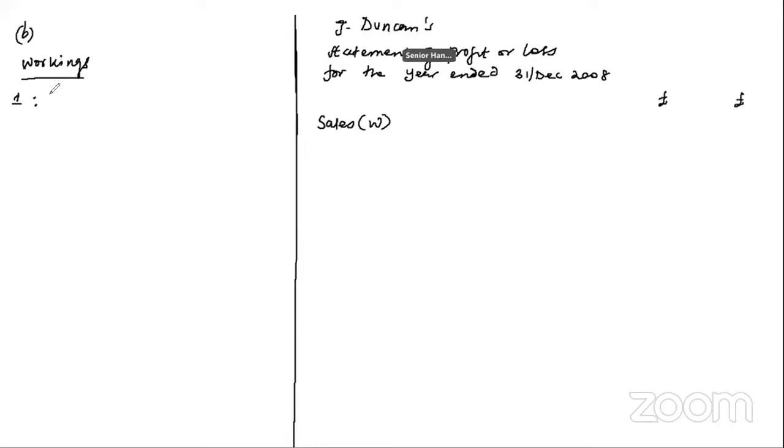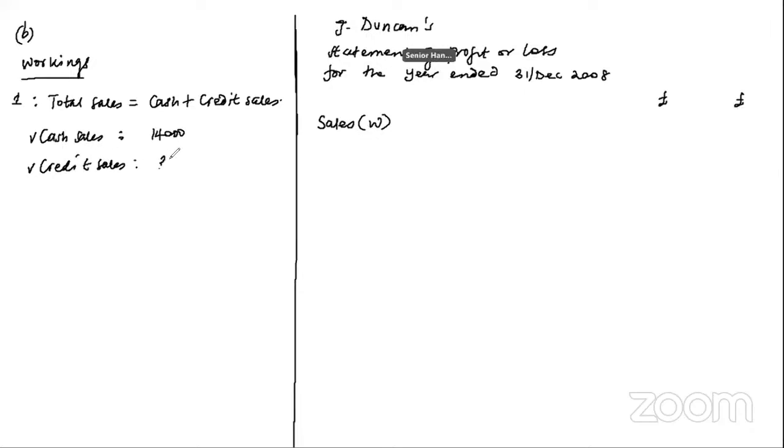We need total sales, which equals cash plus the credit sales. According to the cash summary, our cash sales are 14,000. But do we have the credit sales?